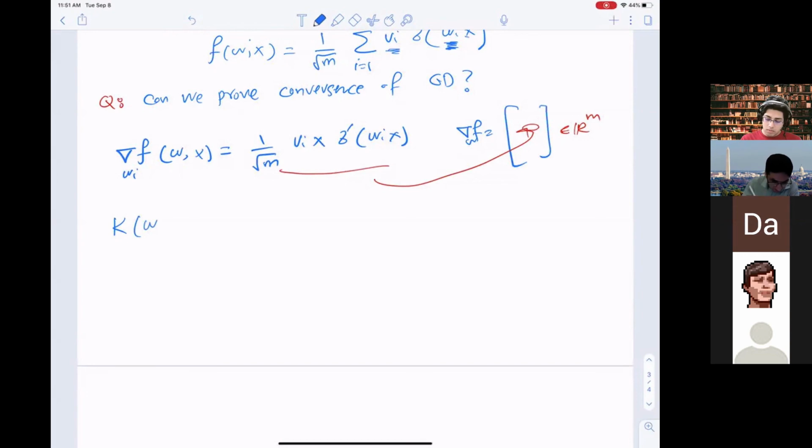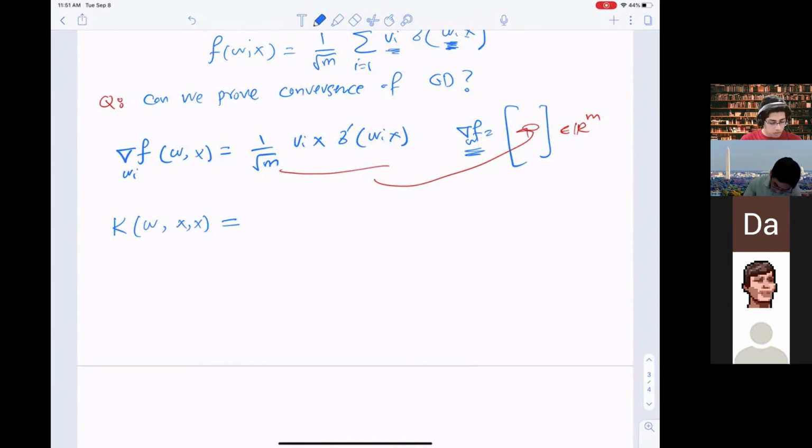So this is, for a particular x, the gradient of f transpose times the gradient of f. So this will be a particular number. Let's say we are evaluating just a diagonal term.